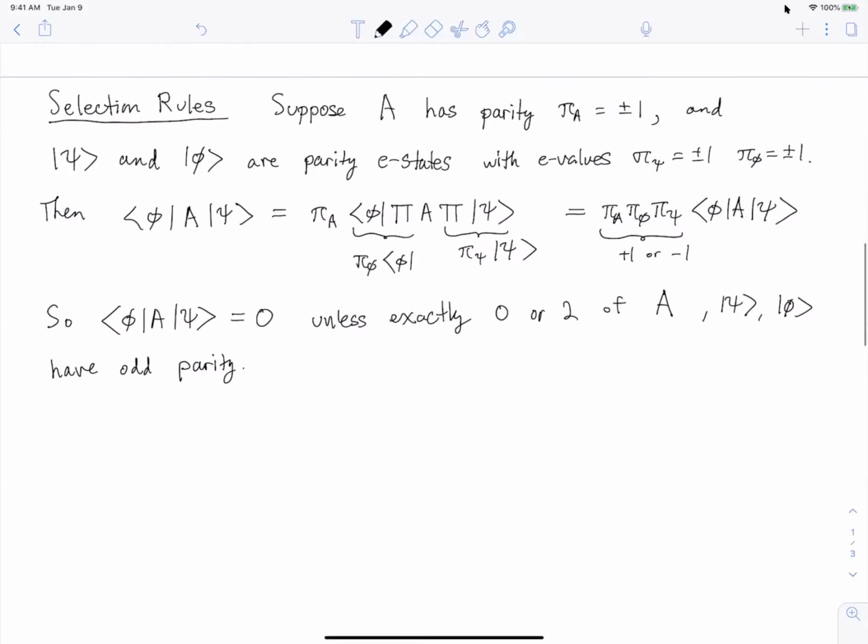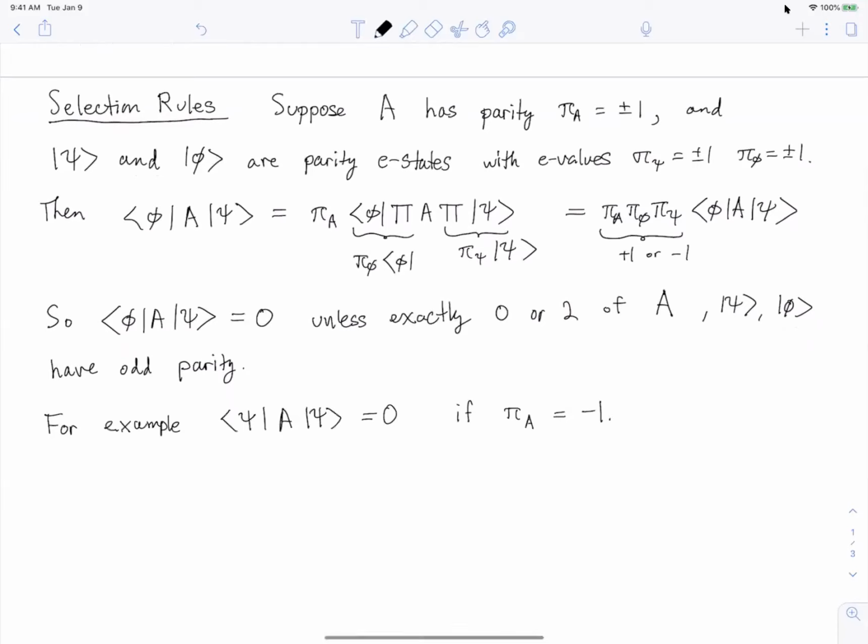So for example, this is a very common situation. We've already even seen it in action. If you take the expectation value of an operator, that's 0 if the operator has odd parity.